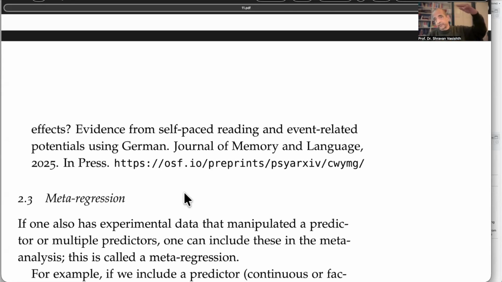You have to be careful to label the subjects to be unique in each study, because subject 1 in study 1 is not the same subject 1 in study 2. It's a very common mistake to forget to relabel the subjects, okay? But if you have all the data from all previous studies, like in the Many Babies project, then you can simply put together all the data and fit your hierarchical model. That's also meta-analysis, okay?